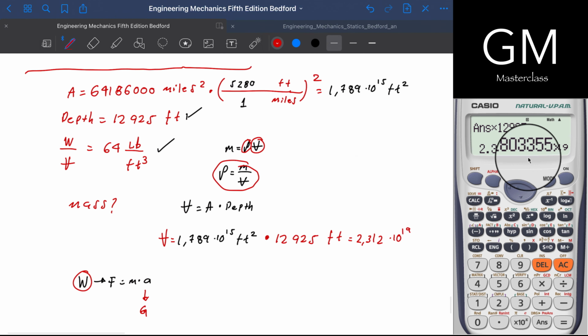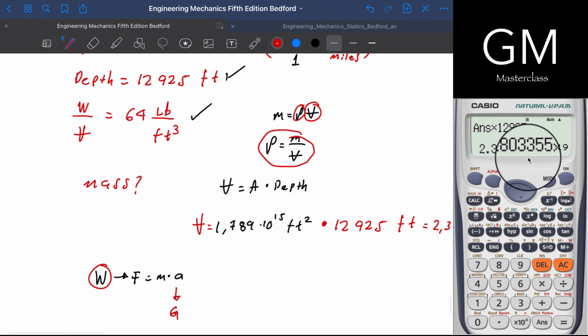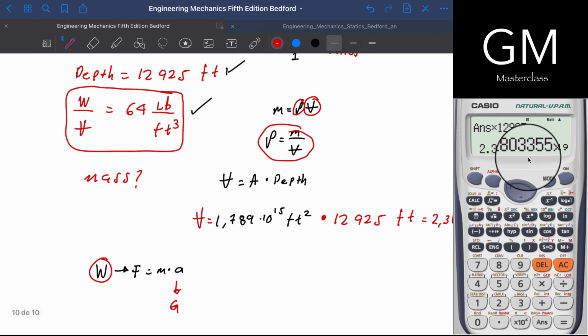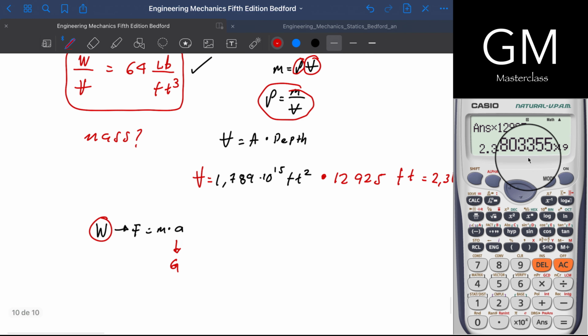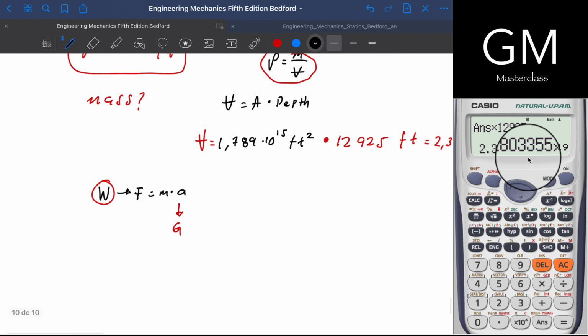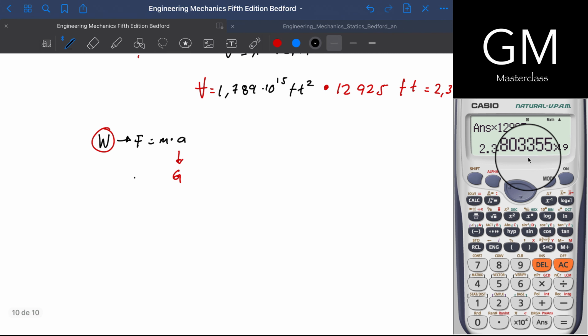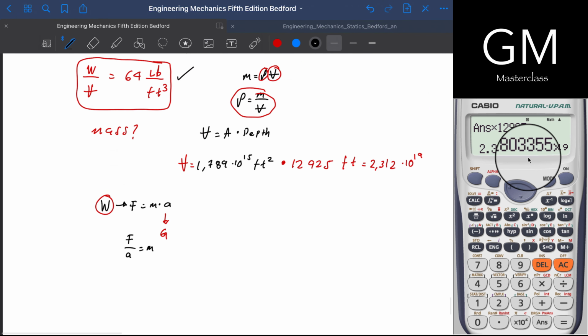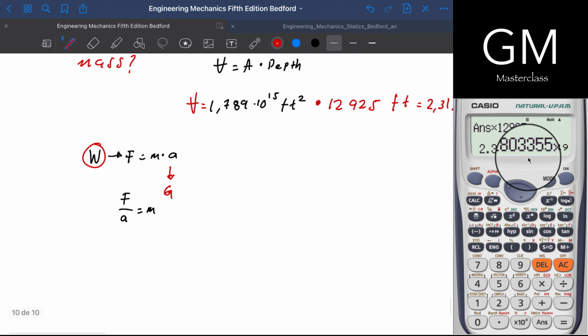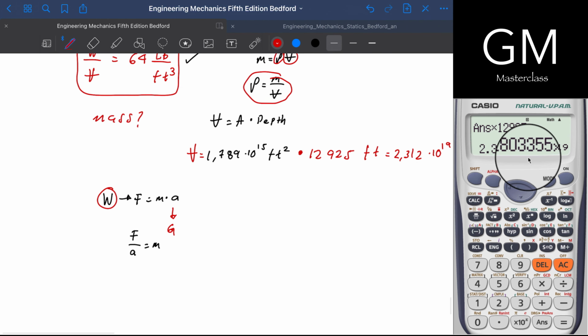Alright, so here I have a weight per unit of volume. So if I divide the force by the acceleration, I'll have the mass. Right? So the same thing goes for the data that the exercise is given.